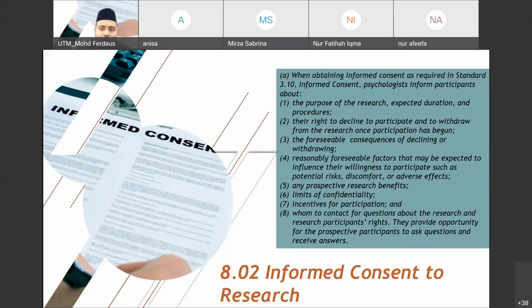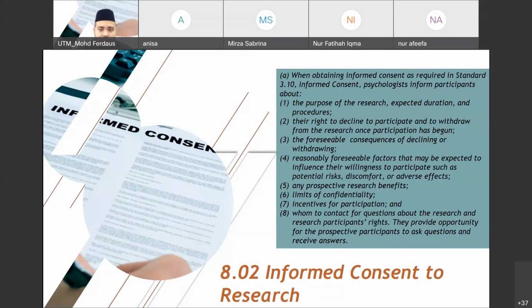So that's why when you are asked to answer a survey, usually in the introduction or in the booklet, on the front page of the survey, it will mention what this research is about, and how many minutes, more or less, will be taken for you to answer the survey, and what the procedures are. Procedures for a survey are usually very simple and straightforward, but if you are involved in an experiment, for example, they need to detail what the procedures are, what the tasks are, and what response is expected from you when you agree to be involved in the research. Okay, the purpose of the research, expected duration, and procedure.